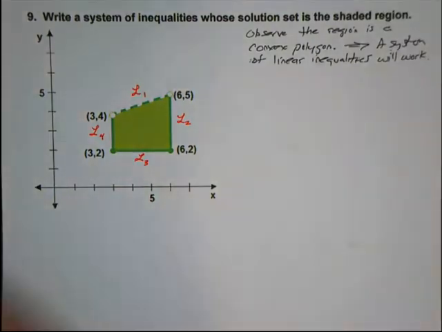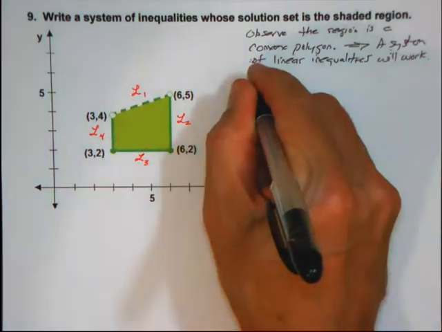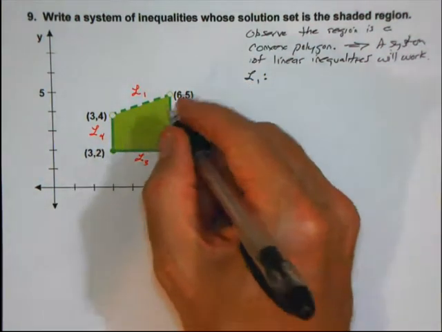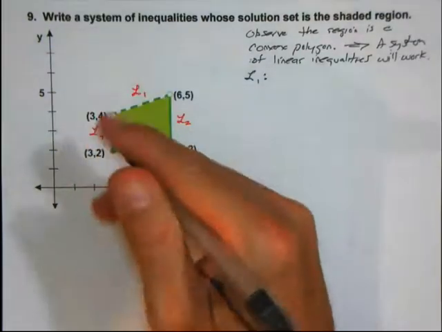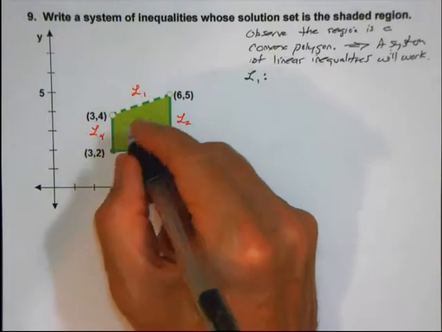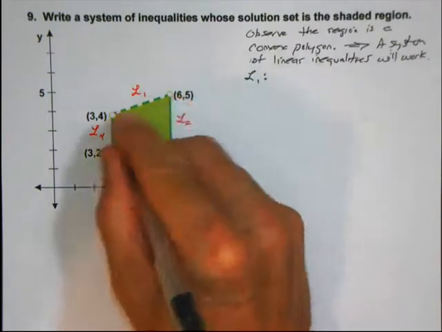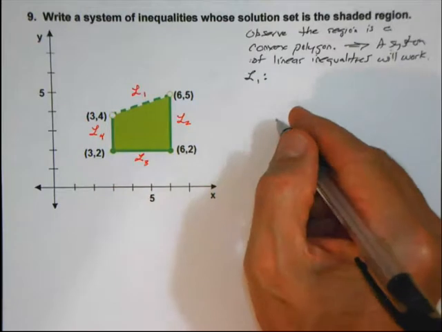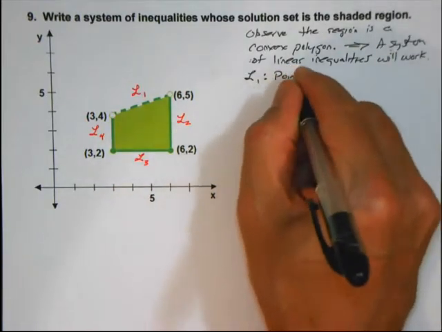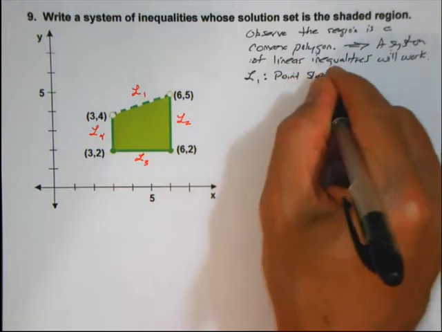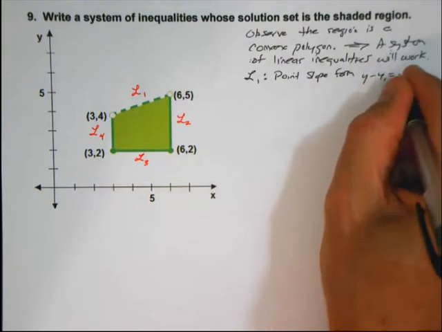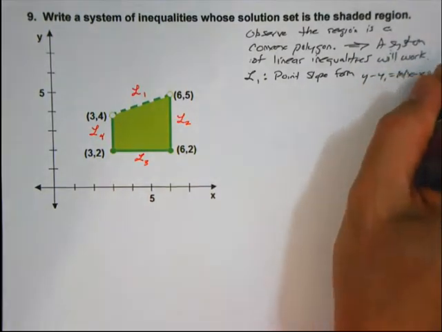Alright, now let's start with L1. What about an inequality whose boundary line is here and below? Let's get the boundary line. What do we know about this line? These 2 points lie on this line, so maybe you consider point slope form, that's y minus y1 equals m times x minus x1.